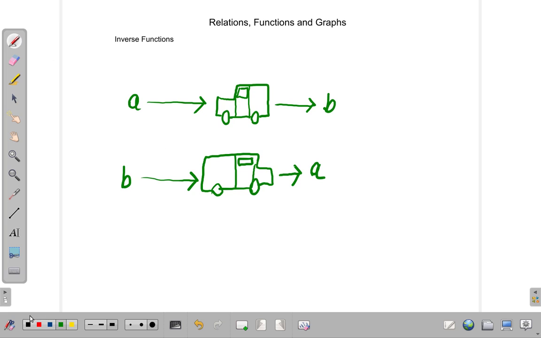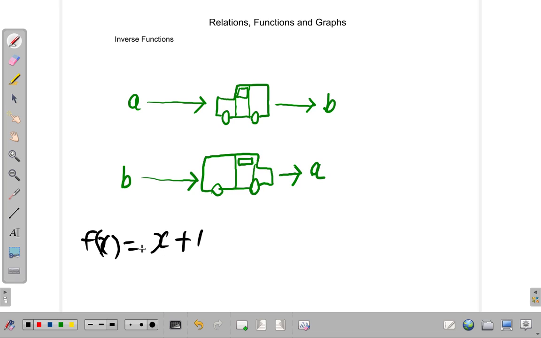Let's say you have a function. Generally, you can use y equals, but since we're dealing with functions and relations, let's use the form f of x equals. f of x equals x plus 1.